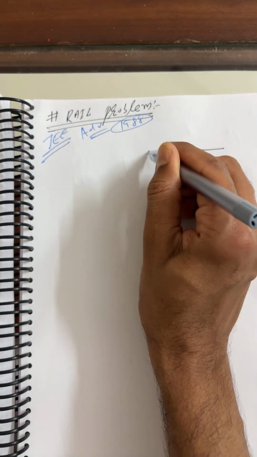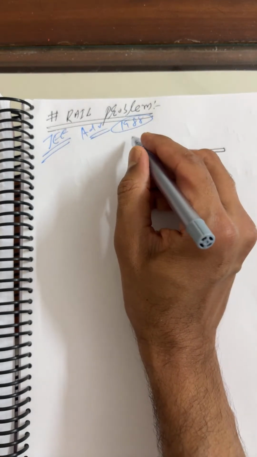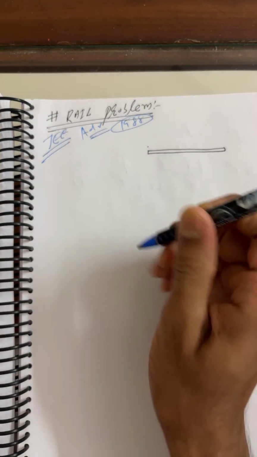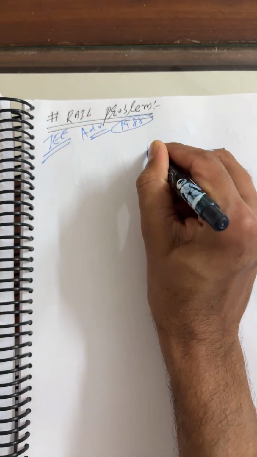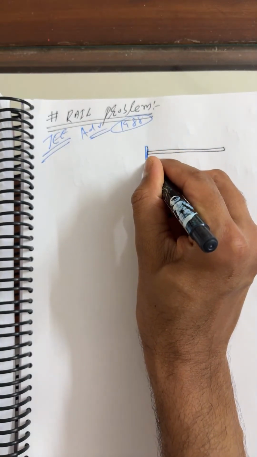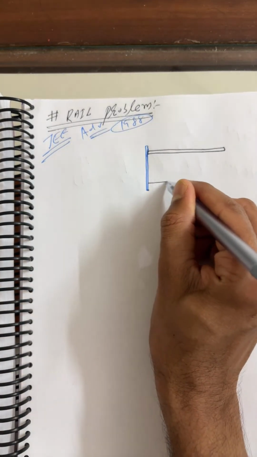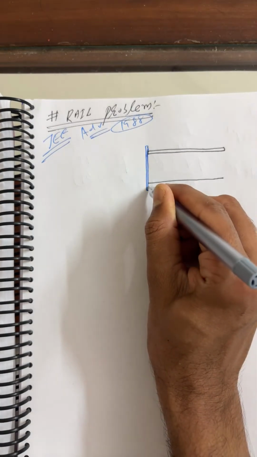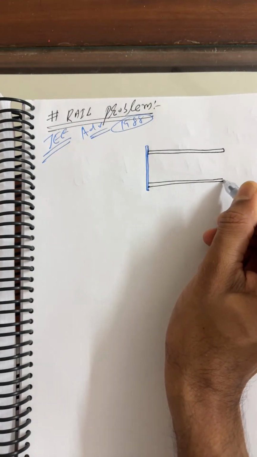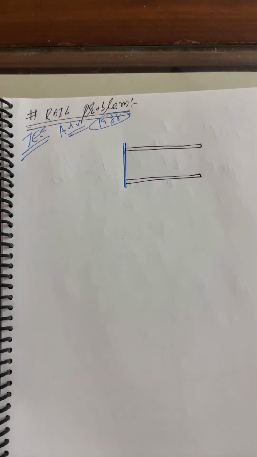There are two rails, M and N, and there is one conducting rod. Okay, listen carefully.